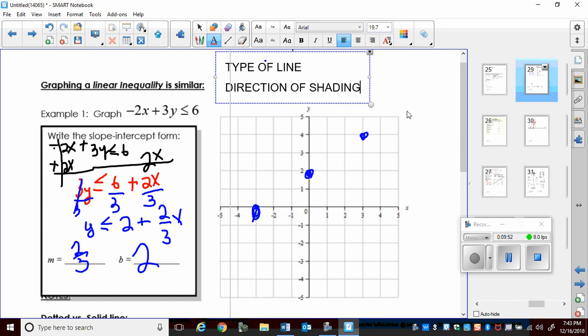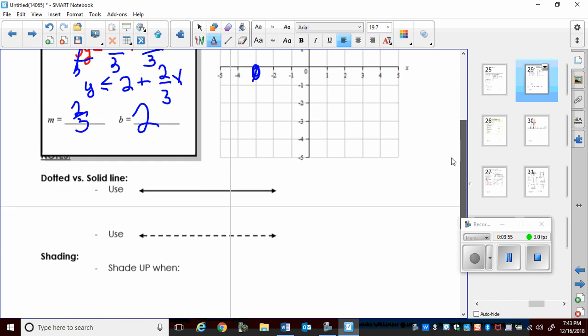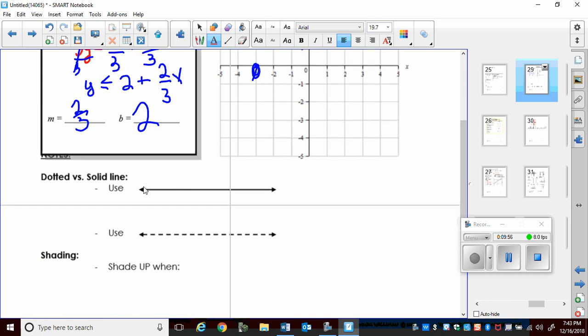Now, down below, we're going to talk about the type of line. This refers to dotted or solid. And the shading refers to the direction that we shade.